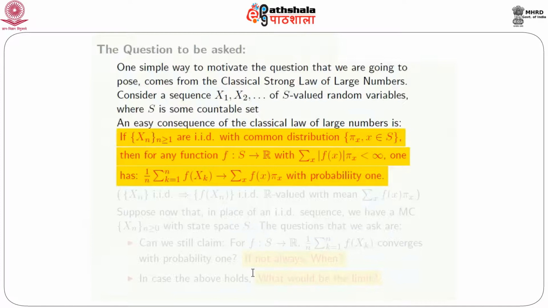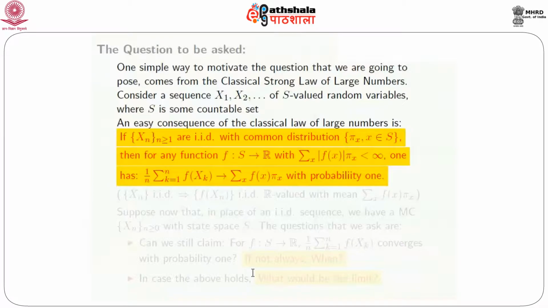If the Xn's are IID with common distribution, let's say pi(x), x in S, because the Xn's are S-valued, the distribution would be a probability on S. Then for any function f from S to R, that means any real valued function on S, for which the sum of |f(x)| pi(x) is finite, one has that 1/n times the summation k equals 1 to n of f(Xk) converges to the sum over x of f(x) pi(x) with probability 1.